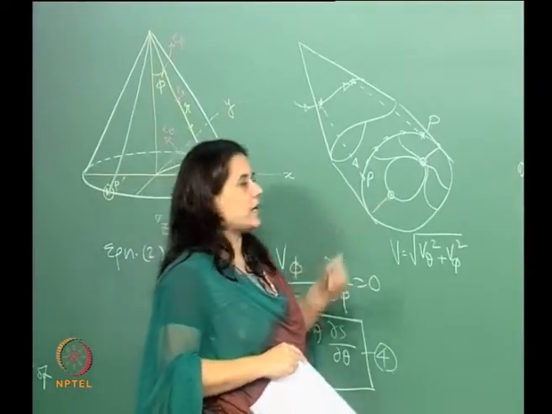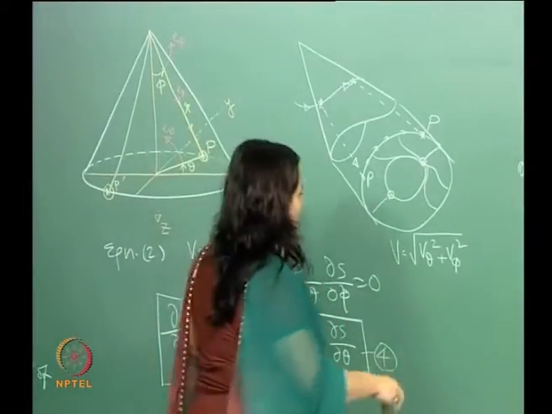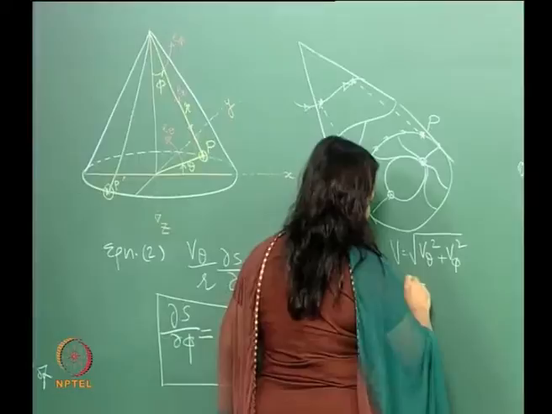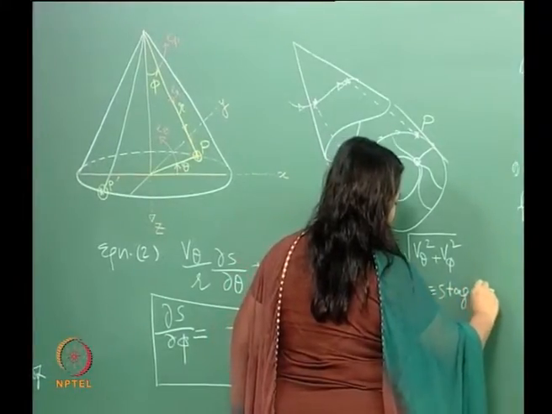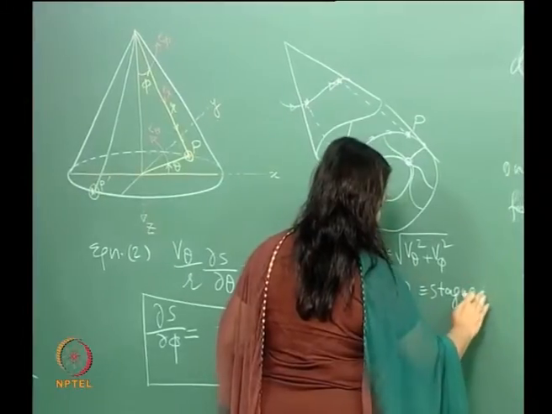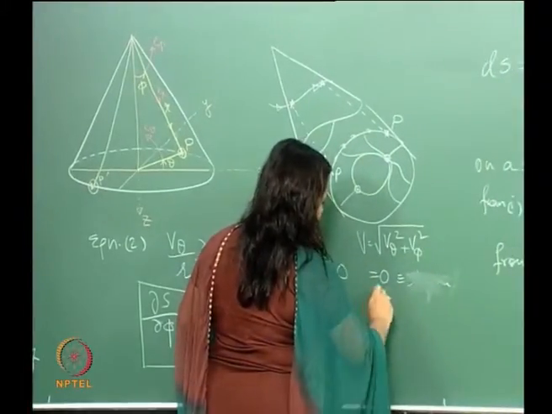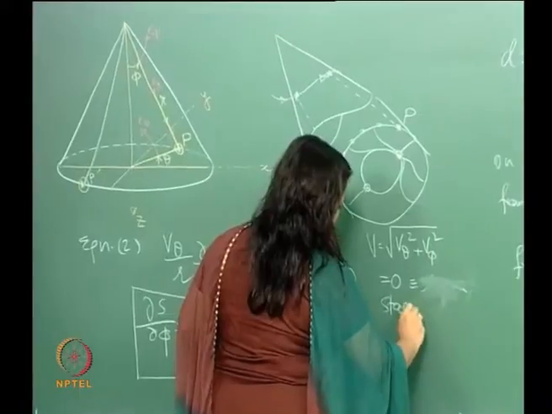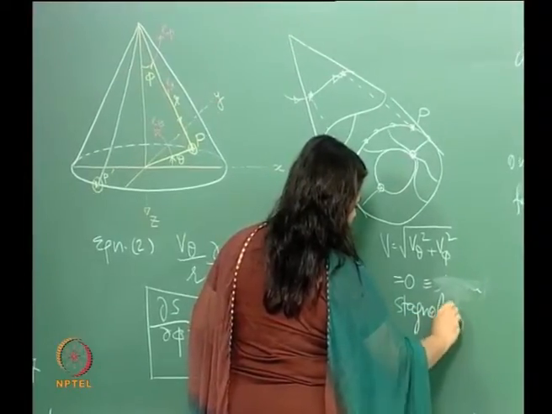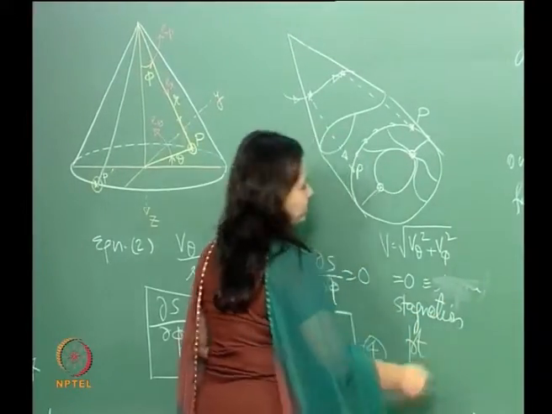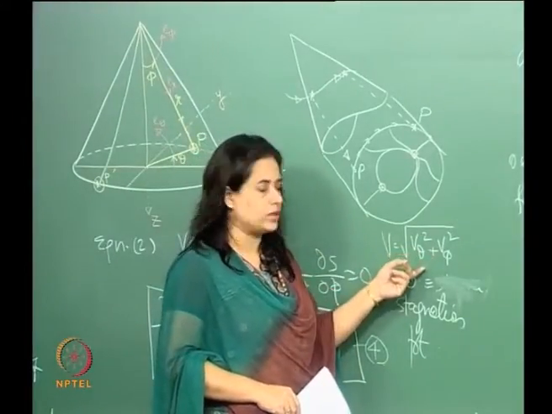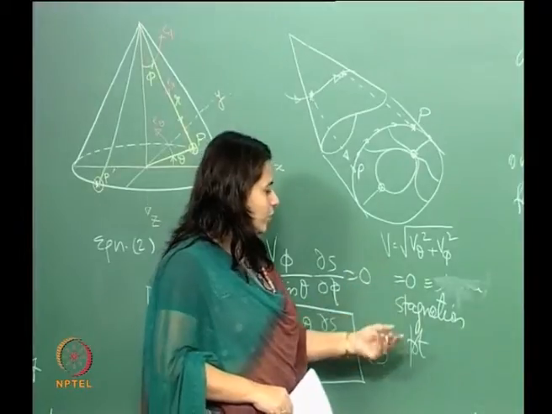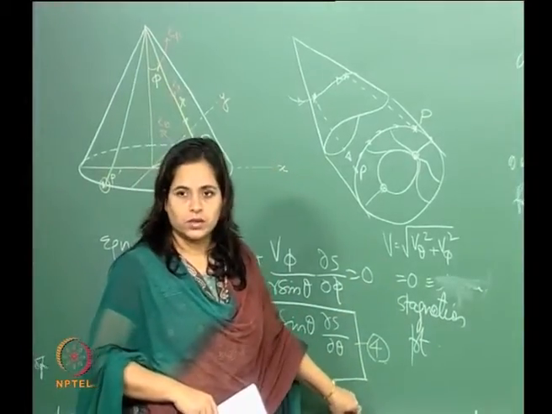So, what was this stagnation point? When this is equal to 0, it is a stagnation point. This velocity is the cross flow velocity. When this becomes 0, what we get is a stagnation point, makes sense.